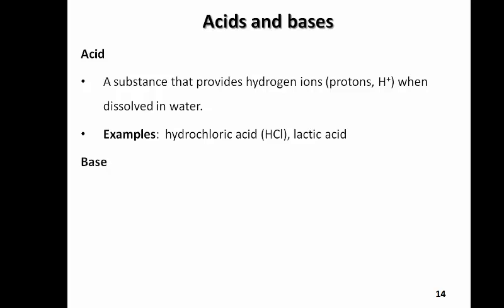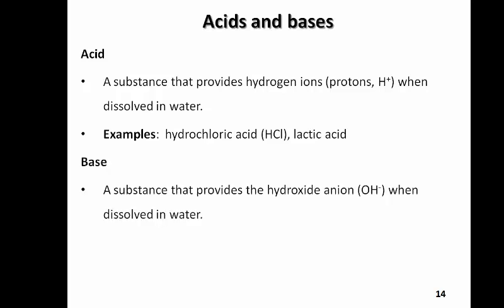The opposite to an acid is a base, and a base is a substance that can neutralize the effects of an acid. Specifically, these are molecules that provide what's called the hydroxide anion, an oxygen atom bound to a hydrogen atom that has a net negative charge, opposite to that of a proton that has a net positive charge, when dissolved in water.